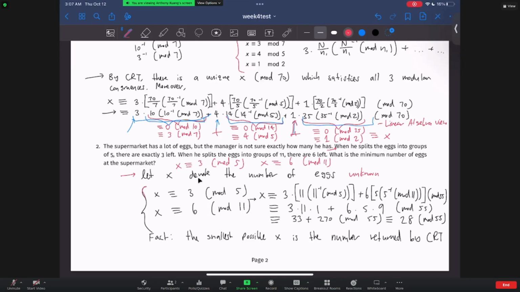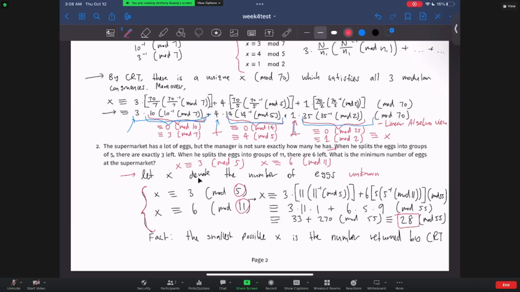Immediately, we can set up a system of modular congruences. In this case, we have the two modular congruences, x is 3 mod 5 and x is 6 mod 11. And because 5 and 11 are coprime, we can then use the Chinese remainder theorem to get the answer 28 mod 55.